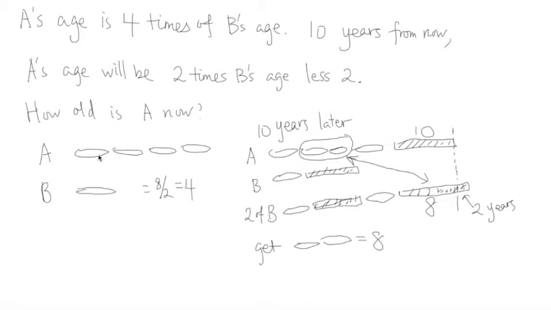And how old is A now? Well, 4 of these guys, so 4 times 4. So 4, 4, 4, 4, that equals 16.